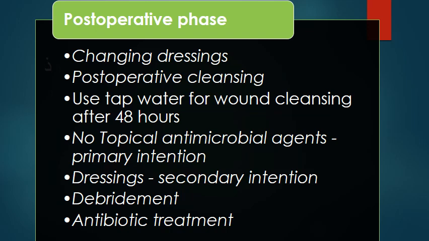Changing dressing, postoperative cleansing: use tap water for wound cleansing after 48 hours, no topical antimicrobial agent for primary intention closure wounds, dressing for secondary intention wounds, debridement if needed, and antibiotic and antimicrobial treatments.